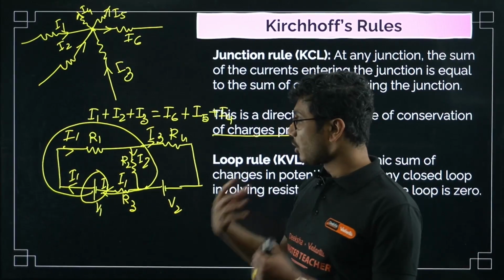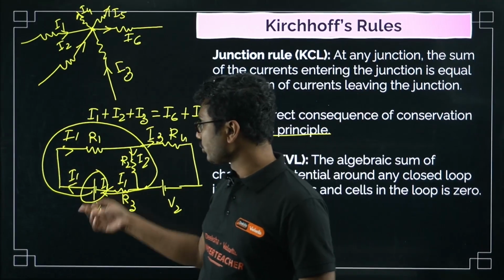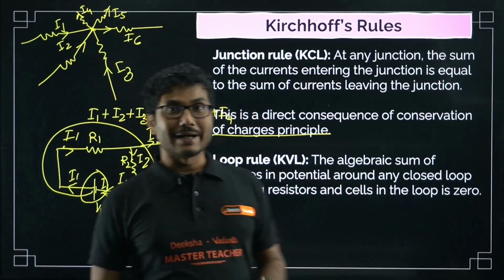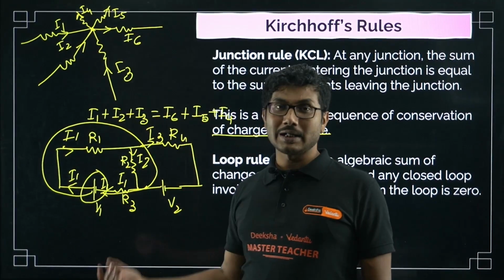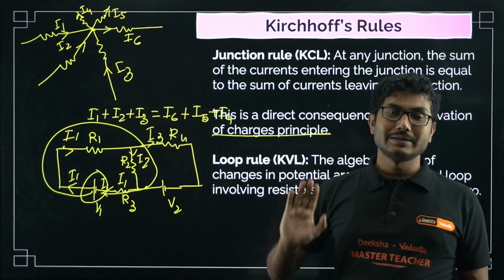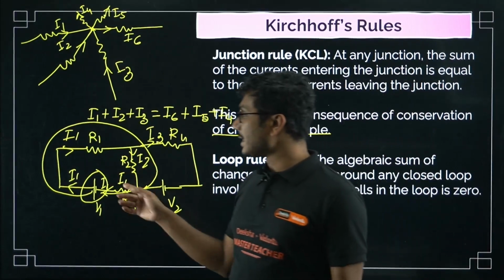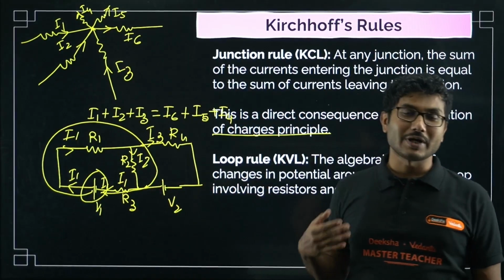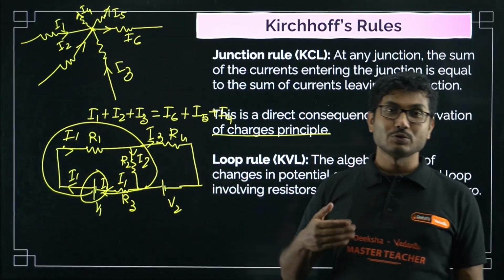If you add all of these voltages, that should be equal to V1. While writing we will write like that, but while doing numerical questions, on the right hand side we will use the battery's voltage, as long as the direction of the current is the same as the direction of current that the battery wants to pass through.